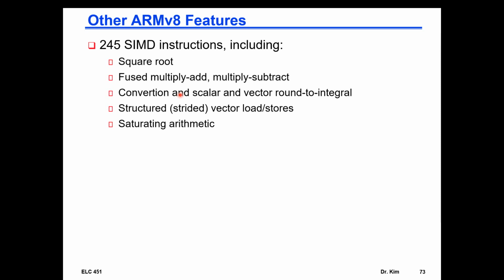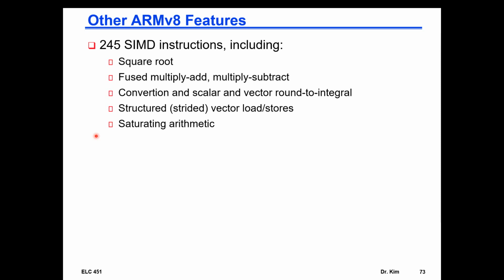You can also add and store these vector registers all at the same time, and also the important part, the saturating arithmetic effect, where if something is too large, you don't necessarily signal an overflow, but you saturate at the highest value.